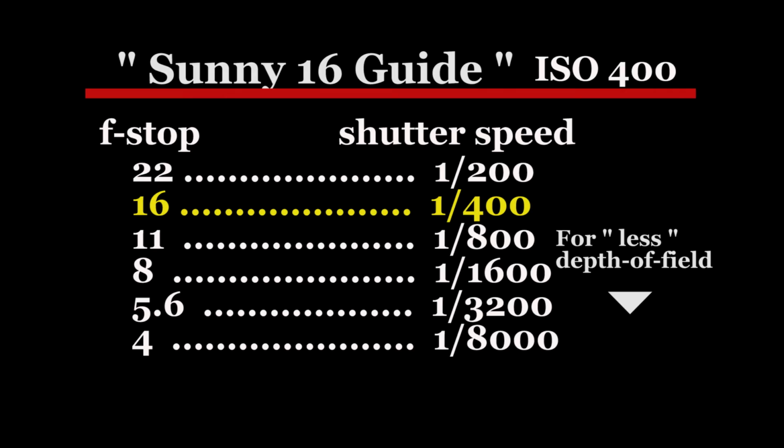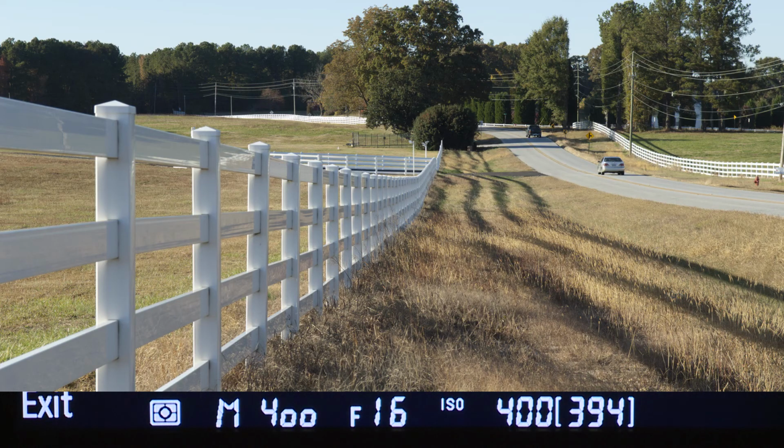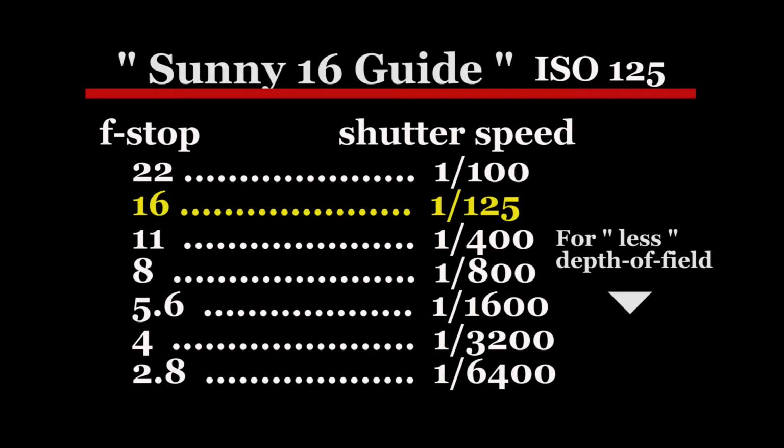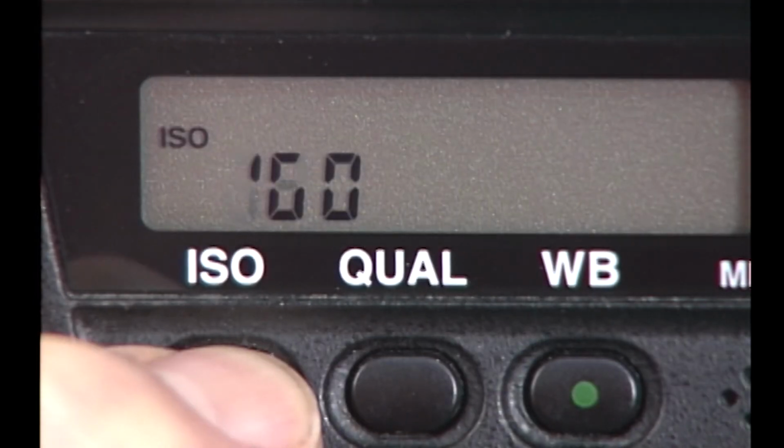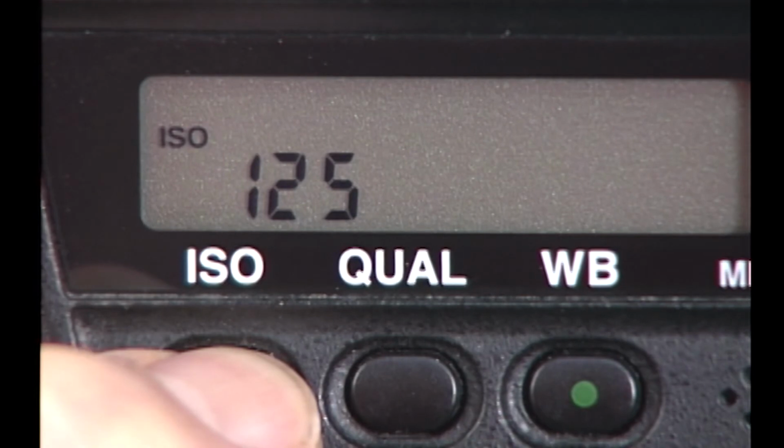If your ISO setting is set at 400 under the same circumstances, your shutter speed would be 1/400th of a second at f/16. Each of the settings on this list will produce the same correctly exposed photograph on a bright sunny day. The lower the ISO setting, the higher the quality of the photograph.